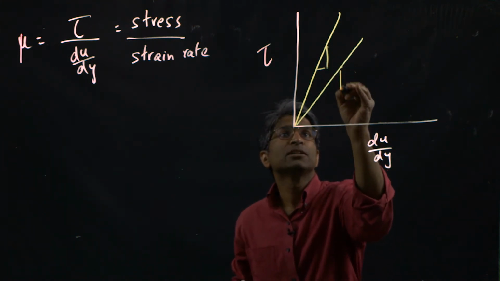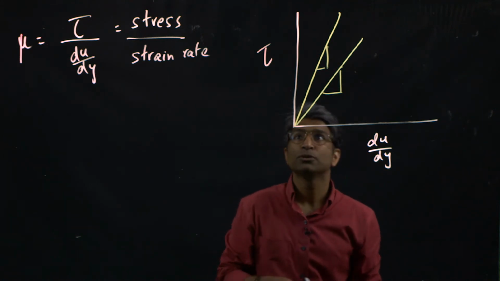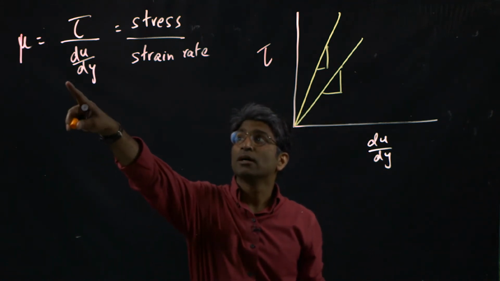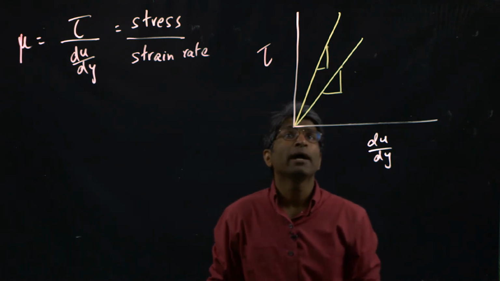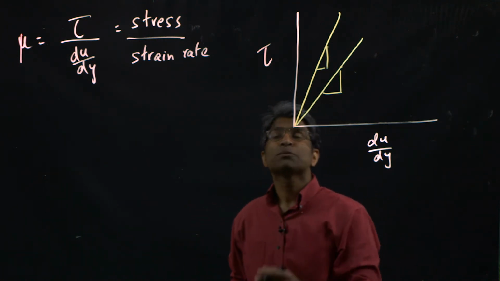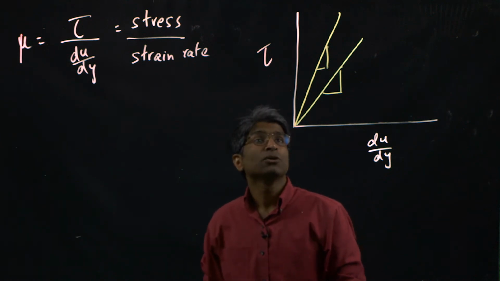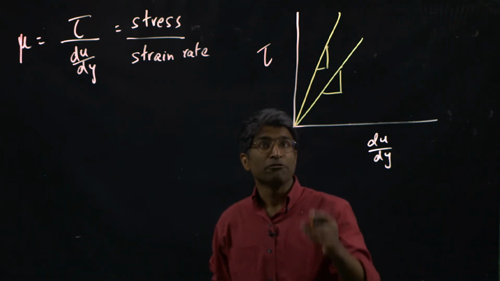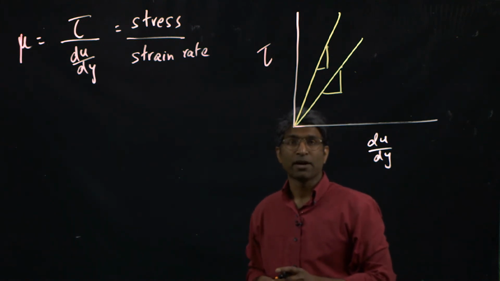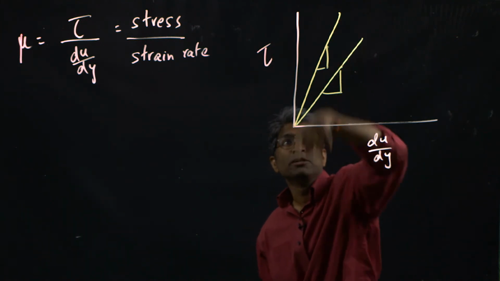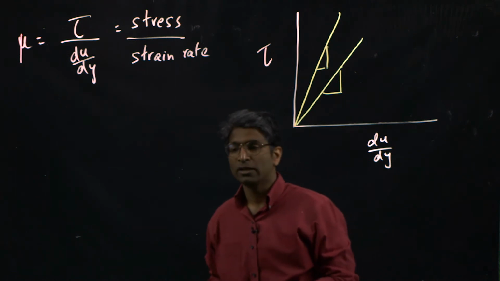In this case, this slope corresponds to the dynamic viscosity of a fluid, and the higher the slope, the more the viscosity. So, for example, if we plotted the relationship between stress and strain for water and honey, then honey would be the curve with the higher slope.